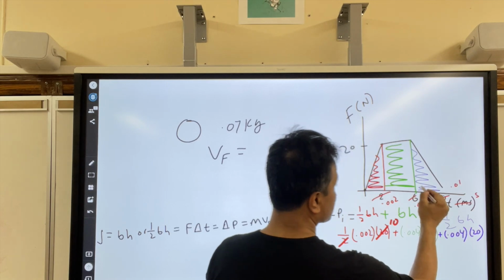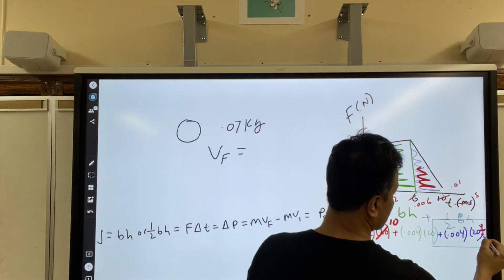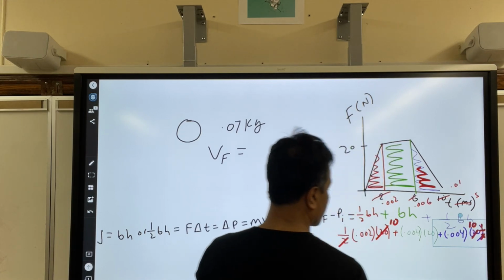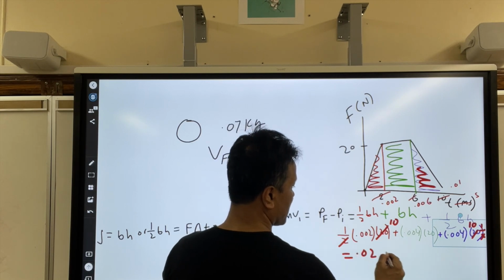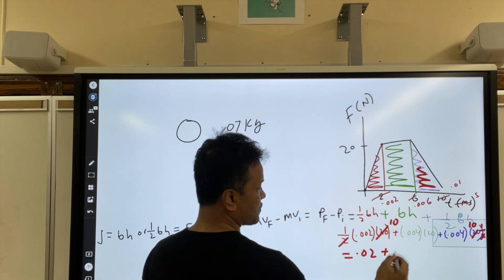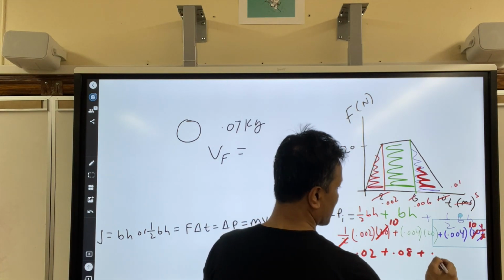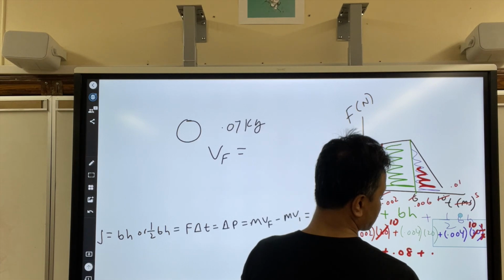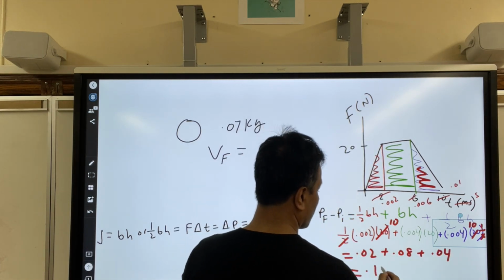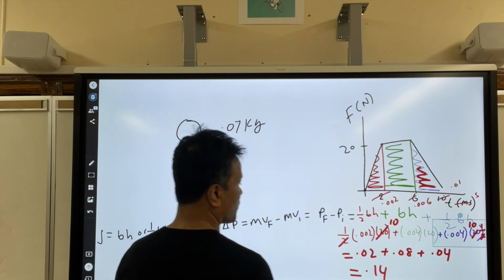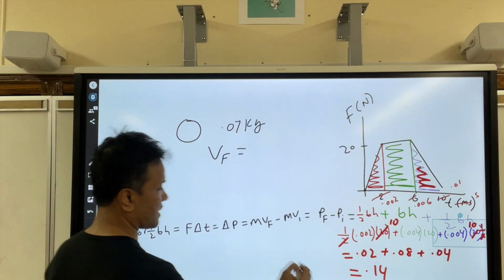There is a half because this is half. 2 goes to 20 10 times. So 10 times 0.002, 0.02, plus 0.004 times 20 is 0.08, plus 0.04. So this is 0.14. What is it? 0.14 newton second.